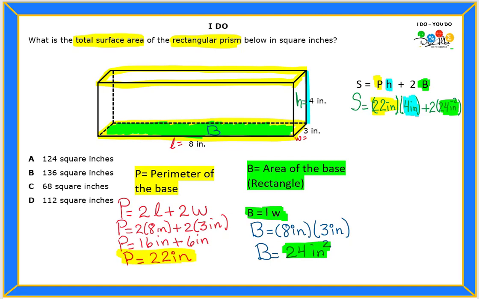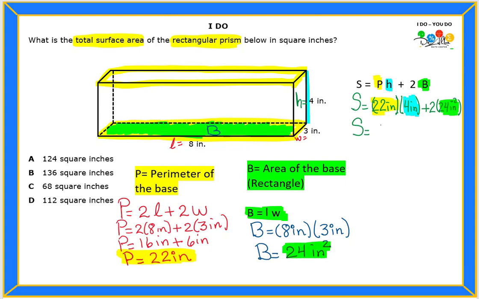Notice what I replaced: I replaced the P for the perimeter of the base, I replaced the height with 4 inches, and I'm replacing capital B, which is the area of the base, my rectangle. Let's finish up the problem. Now I'm going to multiply 22 times 4 inches.